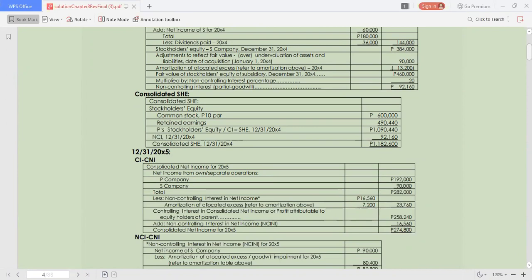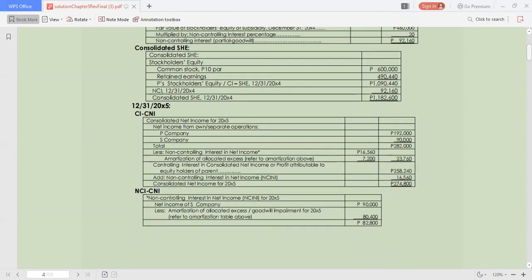Then in 20x5, the consolidated net income from own operations of P and S. Then we are deducting the non-controlling interest in net income with the amortization of allocated excess. So we now have the controlling interest in consolidated net income. We add the non-controlling interest in net income, the consolidated net income for 20x5 of 274,800.